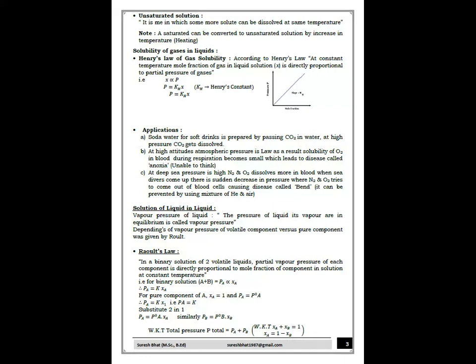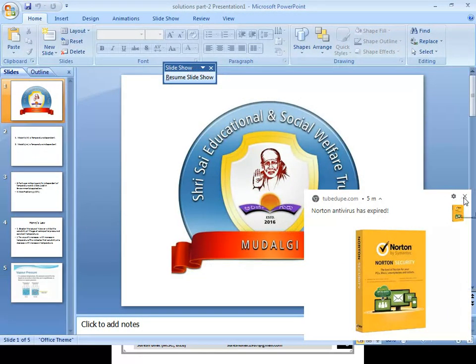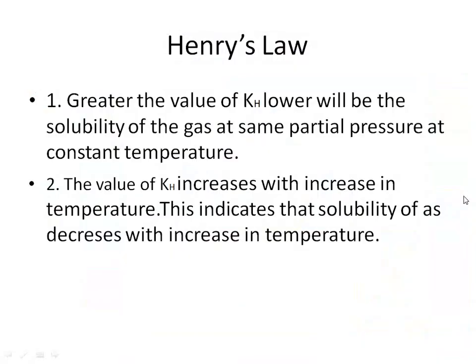Now, apart from that, we'll study one more important thing with respect to Henry's law, right? So the first thing you should remember here is, in case of Henry's law, the greater the value of Henry's constant, Kh, the lower will be the solubility of the gas at the same partial pressure and constant temperature.